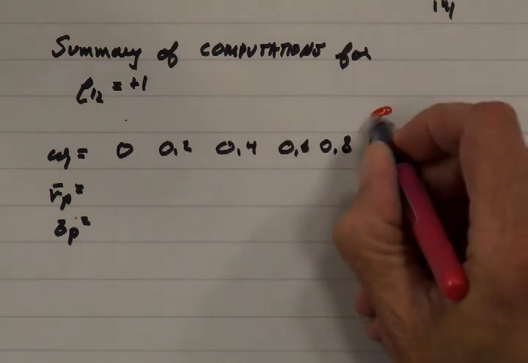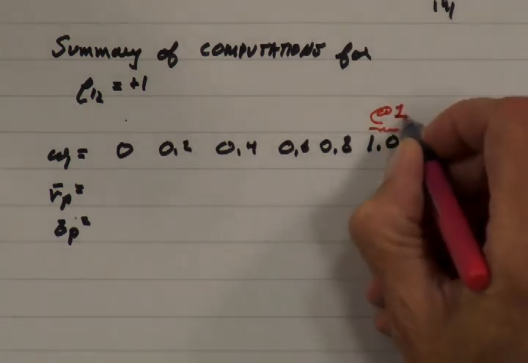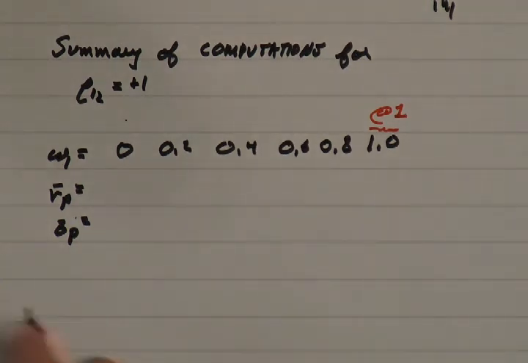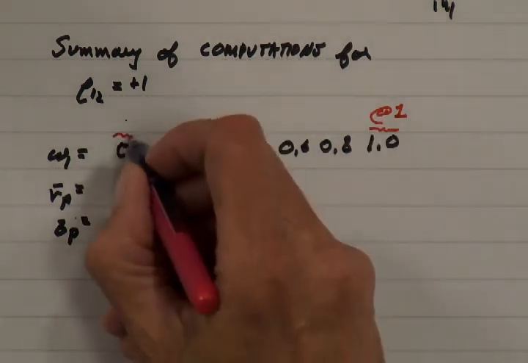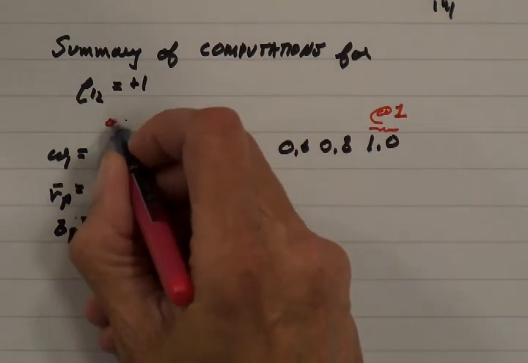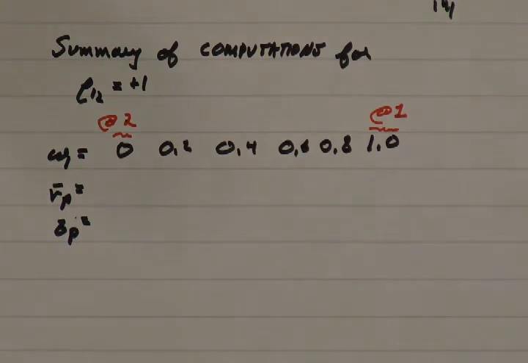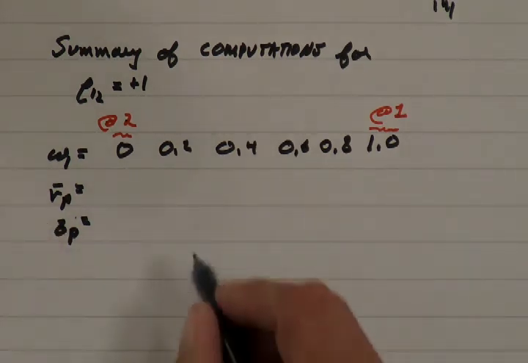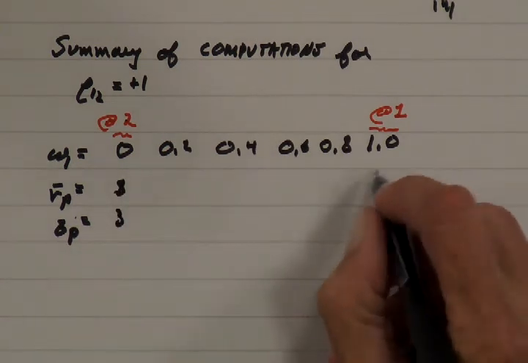We're at 1, right? Because all our weight is on asset 1. And W1 equals 0, we're at 2. We're at asset 2. So we can fill these two out real easy. This is 8.3, and this is 14.6.